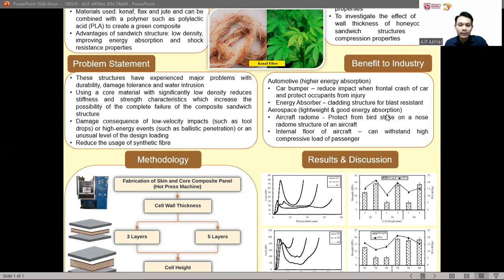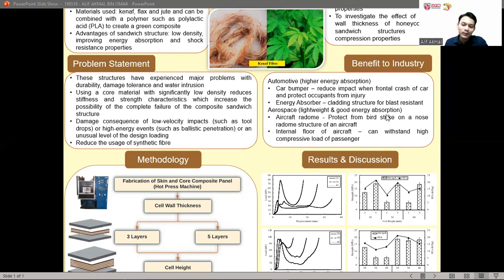There are two industries that will benefit most. The first one is automotive, in which we use the high energy absorption capacity of the sandwich structure as a car bumper to reduce impact in a frontal crash and also protect occupants from injury.